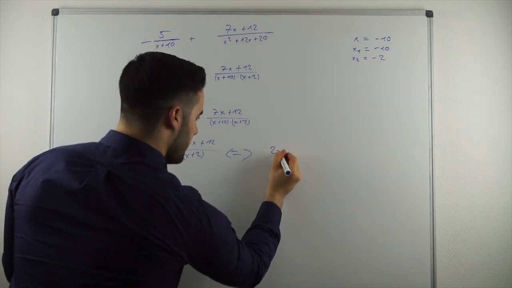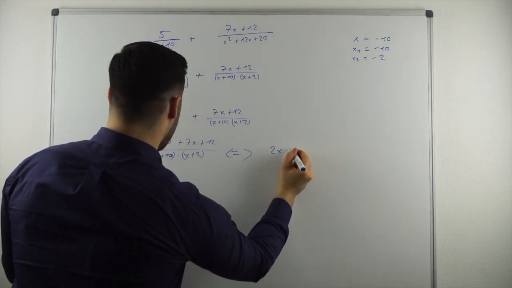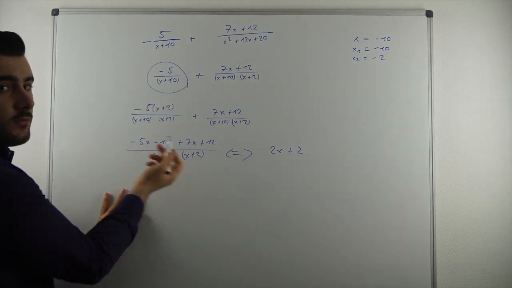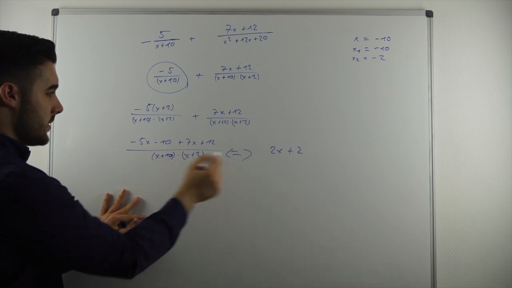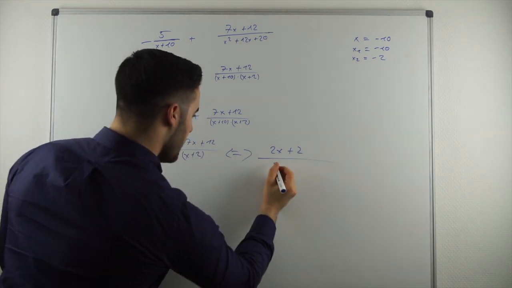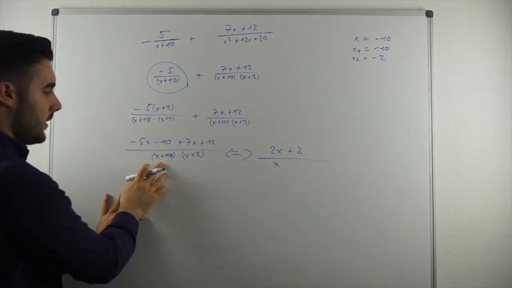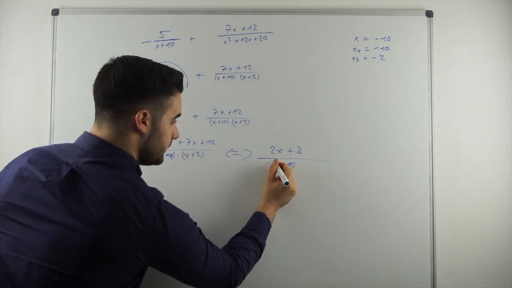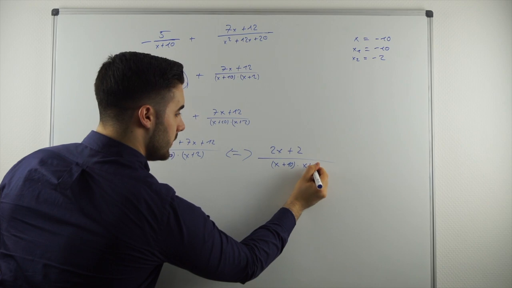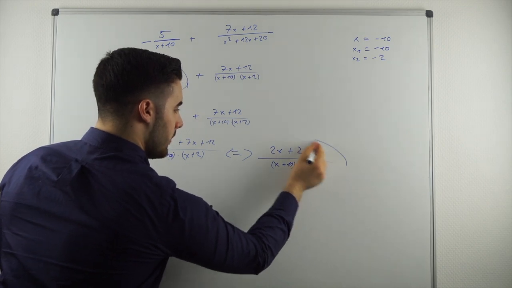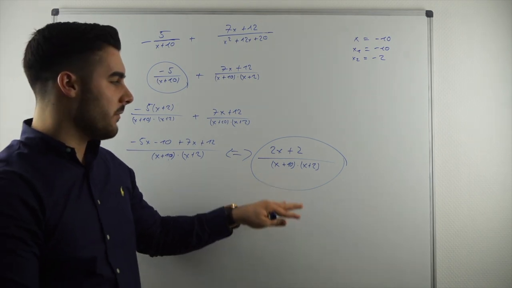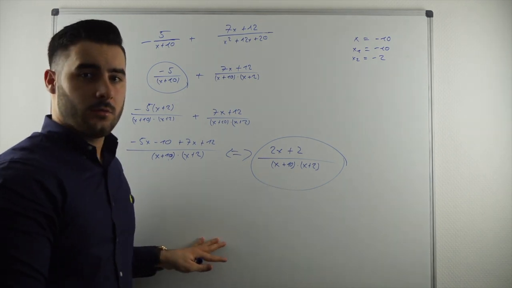What we'll be left with is 2x plus 2, because 7x minus 5x is 2x, and 12 minus 10 is 2. In the denominator we can leave it like that, so x plus 10 times x plus 2, which is the final result that we want at the very end of the whole calculation.